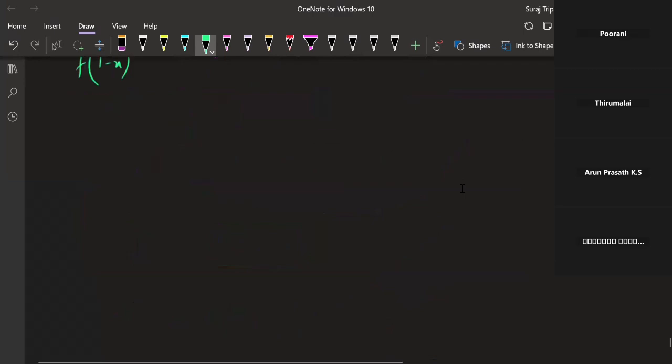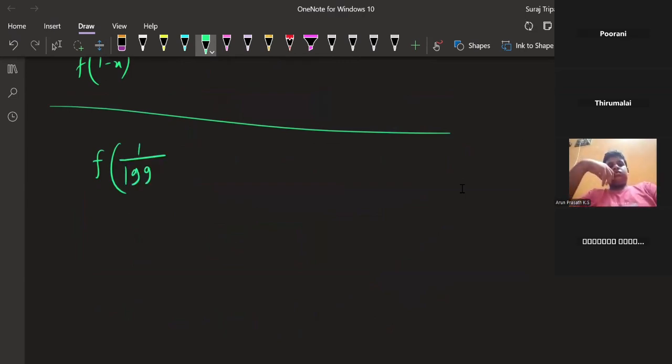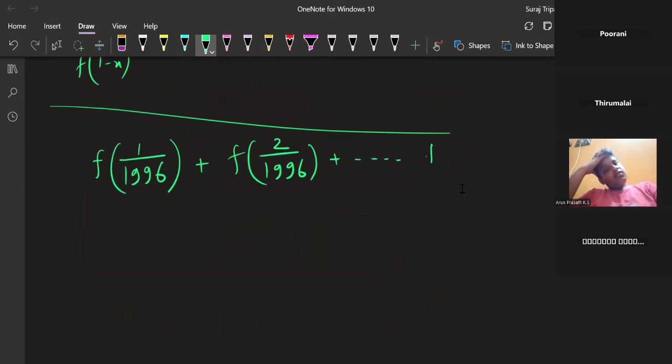So here f of 1 upon 1996 plus f of 2 upon 1996 plus, like this, the last number is f of 1995 divided by 1996. So if any expression like this is given, f of x plus f of 1 minus x will be equal to 1.